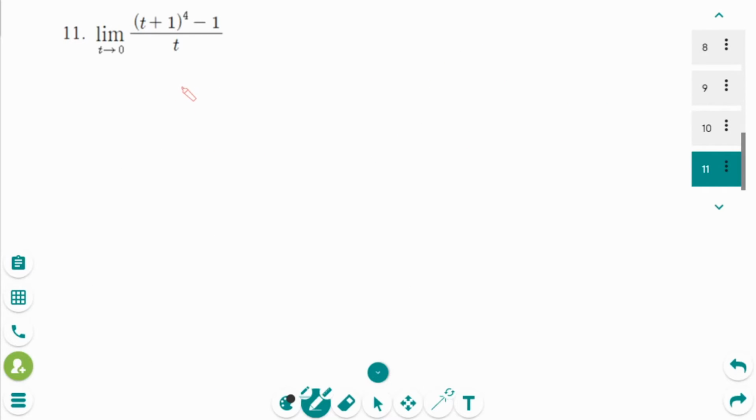This is question 11. It is similar to question 10. When you put 0 into t, it makes the 0 over 0 form. We will expand the numerator using Pascal's triangle. Finally 1, 4, 6, 4, 1, this one.